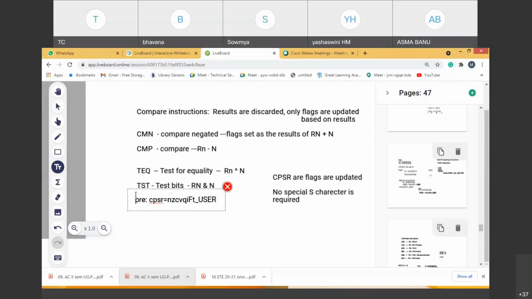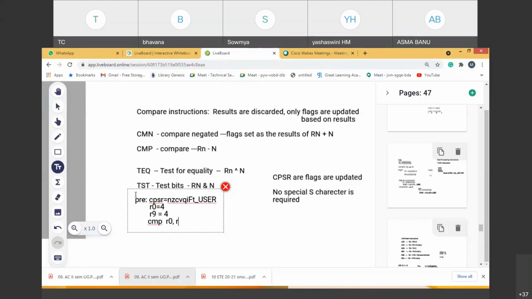So if I take R0 equal to 4, and R9, any register I can make use of, equal to 4, in previous examples also take any register, nothing to worry. You can write your own instruction with your own registers. So if I write CMP R0, R9.